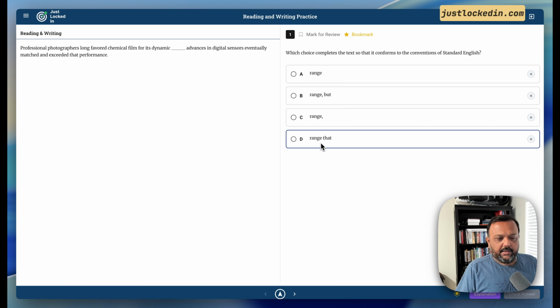Let's pick this one and see whether this can be the right answer or we can eliminate it. Okay, so "range that." If you substitute here, "long favored chemical film for its dynamic range that advances in digital sensors eventually matched and exceeded that performance."